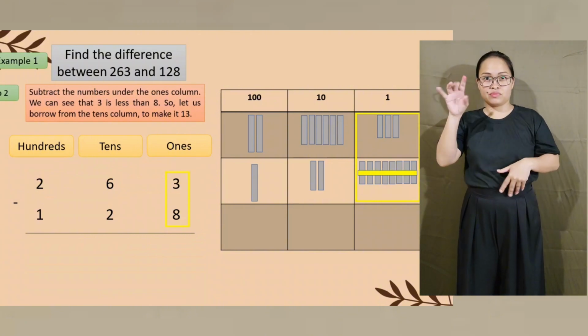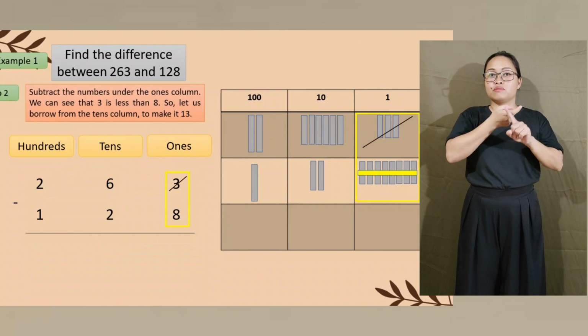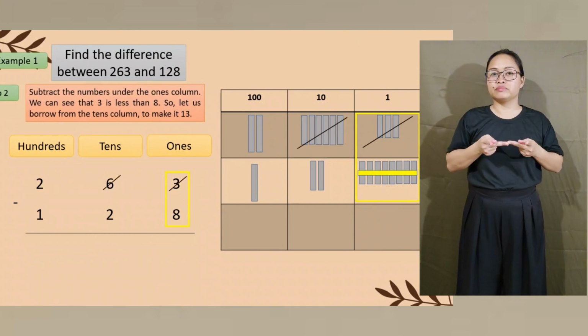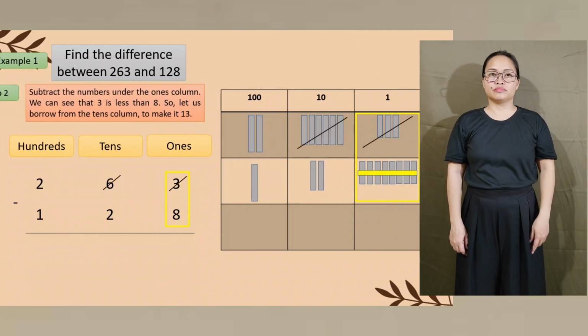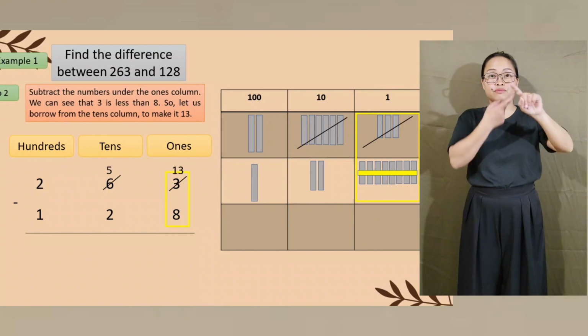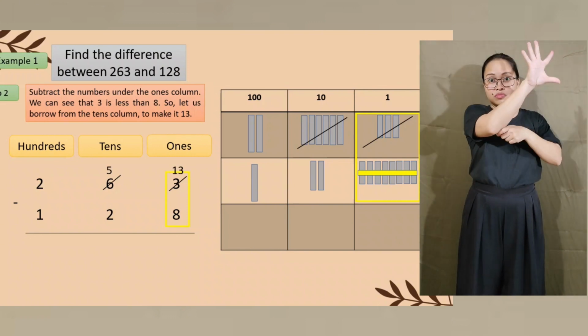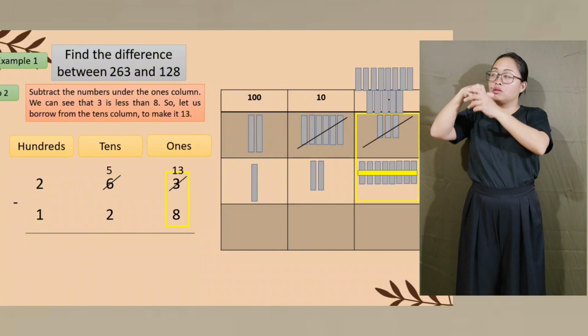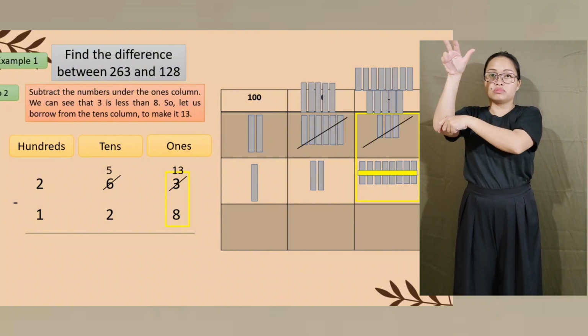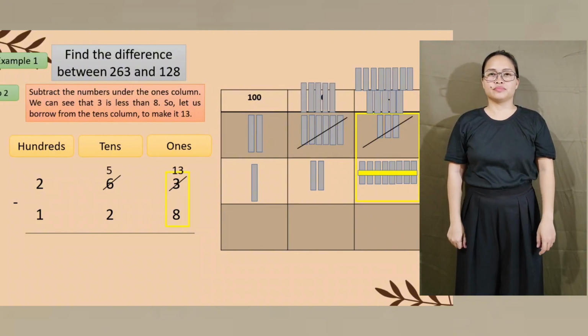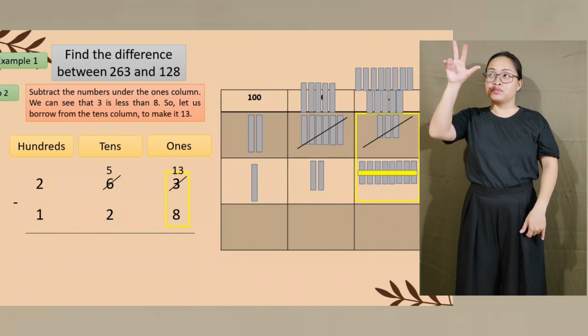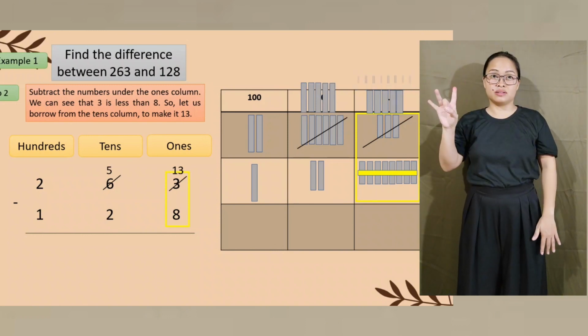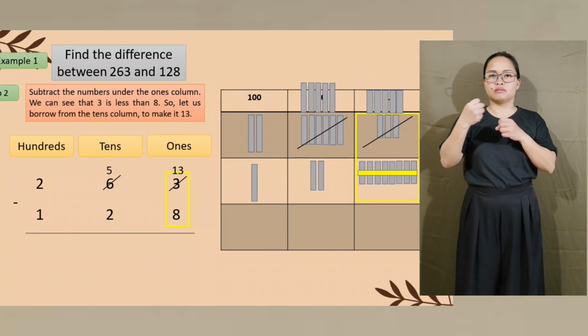So we need to borrow from tens place. So 6 from tens place becomes 5, while 3 in ones place becomes 13. Now 13 minus 8, let's take away 8 from 13.